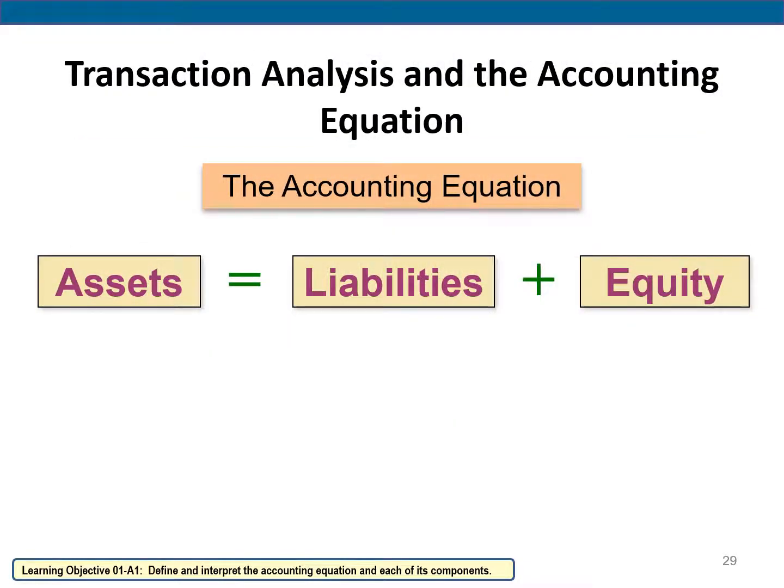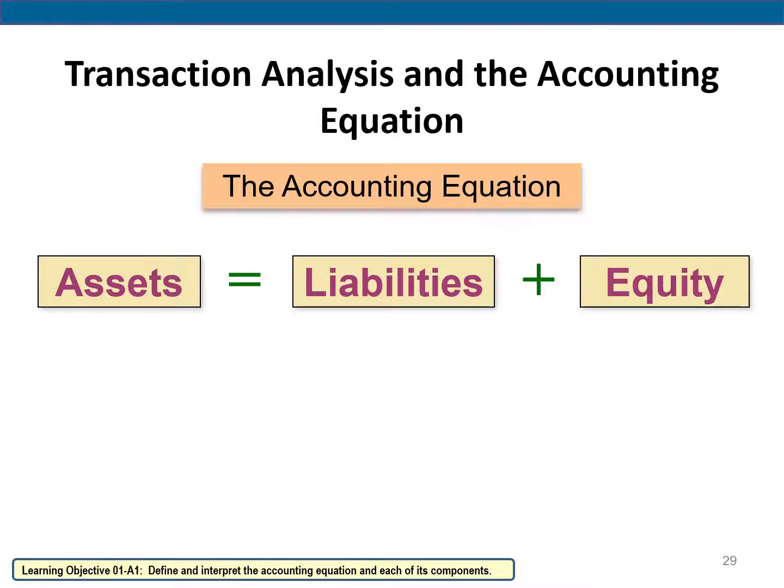So the accounting system reflects two basic aspects of a company: what it owns and what it owes. The assets are the resources that a company owns or controls. Examples of assets would be things like cash, supplies, equipment, land, vehicles, those types of things. And then the claims on that company's assets, what they owe, can be broken into two buckets: owner and non-owner.